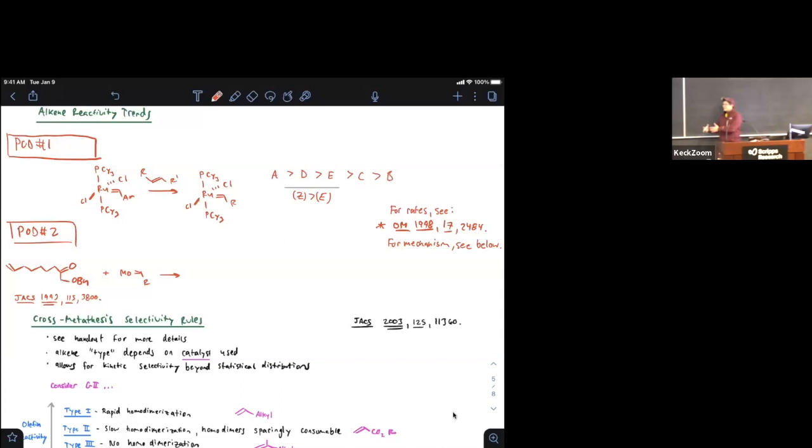It's not directly on the alkene that's engaging in bond formation, whereas B is 1,1 disubstitution. So however you orient, however you engage, there's going to be some bad steric clashing, right? That's the difference between those two. So another key trend to draw your attention to is that 1,2 is more reactive than 1,1 disubstitution.